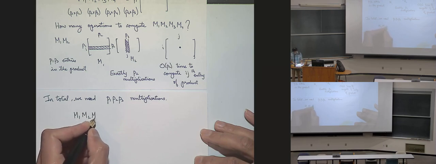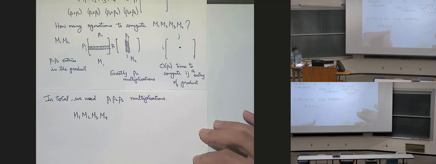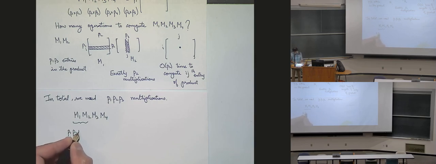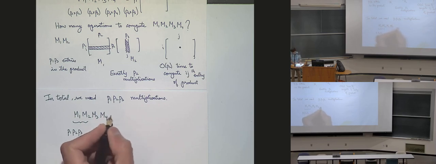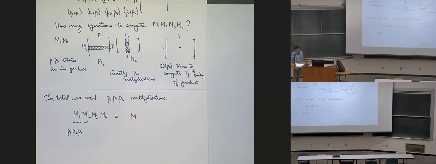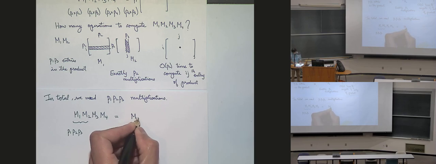M1, M2, M3, M4, right? This product. So we said to compute M1 times M2, you need P1, P2, P3. Once you do this, you're going to have this matrix, and for convenience, I'm just going to call it M12.